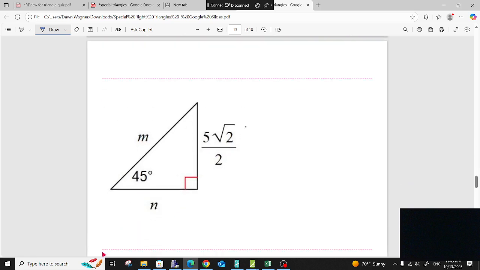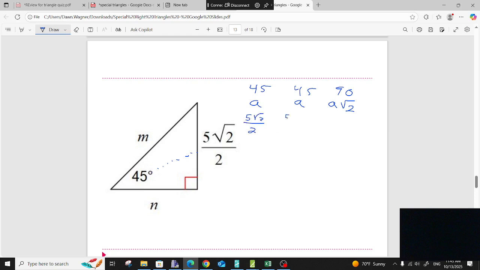Okay, again, what's the 45, 45, 90 pattern? A, A square root 2. And we are given the side across from the, oh, this one's not as bad because we're given A. So I already know that this is 5 square root 2 over 2.